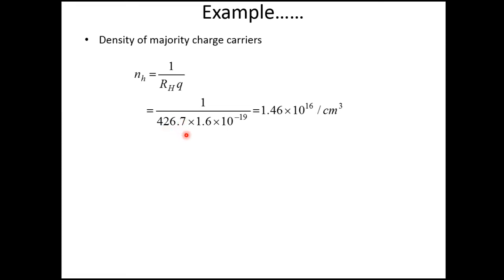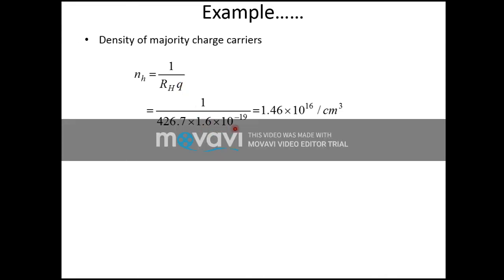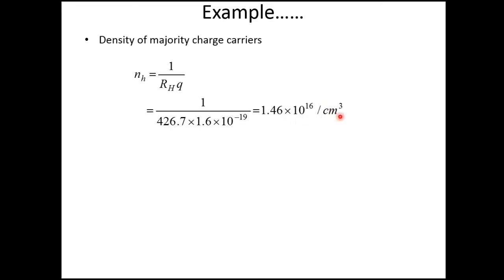This is in terms of CGS system, and the charge on the electron or hole is 1.6 into 10 power minus 19 coulomb. So when we are solving this, we are getting the charge density 1.46 into 10 power 16 per centimeter cube. So this is the density of the charge carriers.